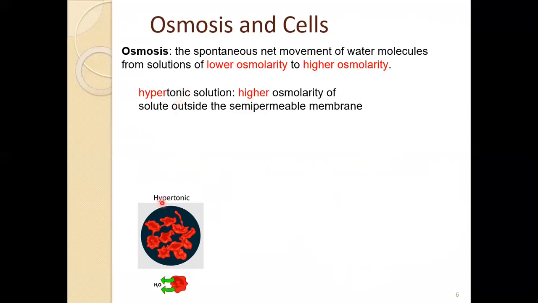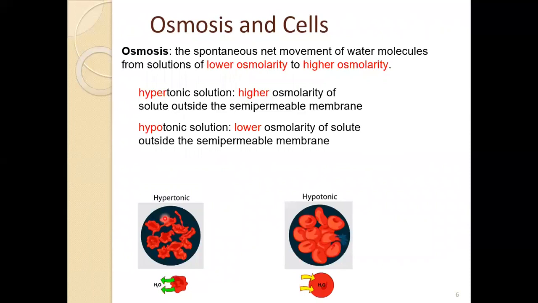And so if cells, intentionally or not, are immersed in a hypertonic solution, a solution where the osmolarity of the solute is higher, hyper means higher, outside the cells versus inside the cells, osmosis will occur through these semi-permeable cell membranes or cell walls. As a result, water will flow out of the cells, from lower concentration to higher concentration. The cells will lose volume, and if they lose too much volume, they may shrink too much and actually die. So that's something we want to avoid if at all possible.